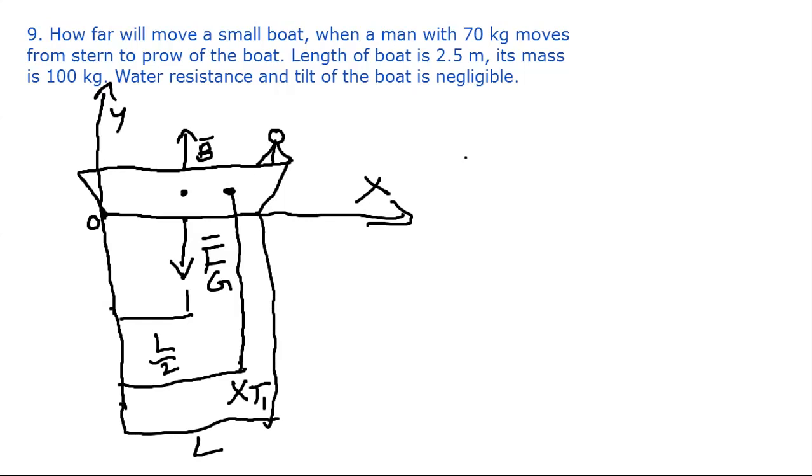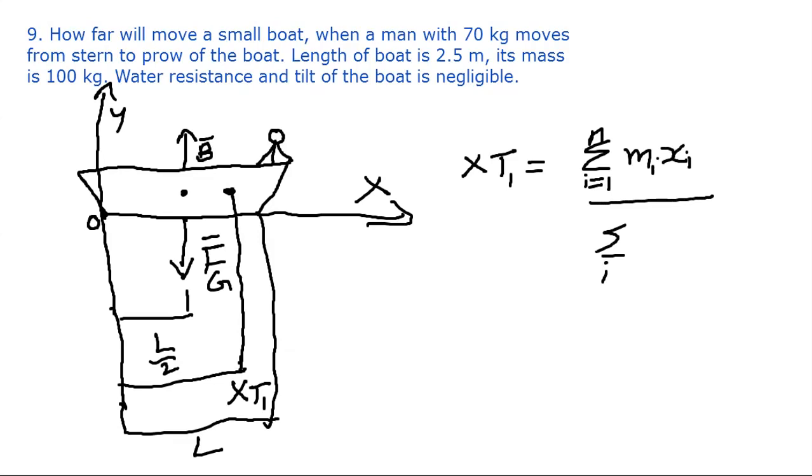We know that if we have multiple particles, the center of mass of the system can be defined as summation of i equal to 1 to n, mass times the position vector of the system divided by the total mass of the system. So here we have two particles, right?